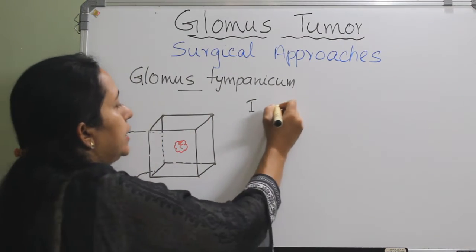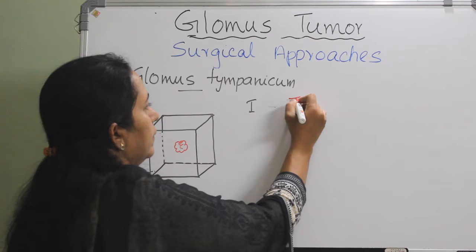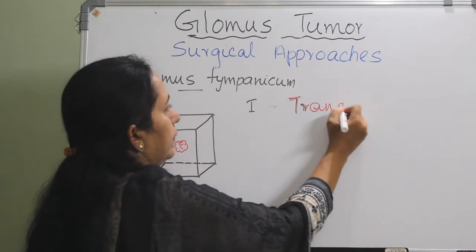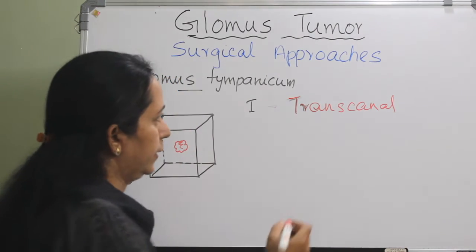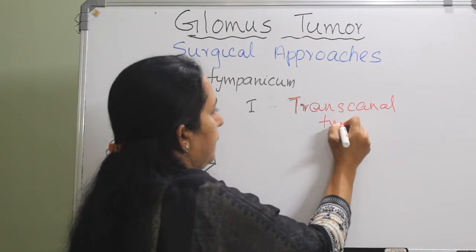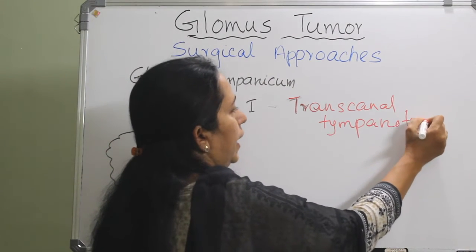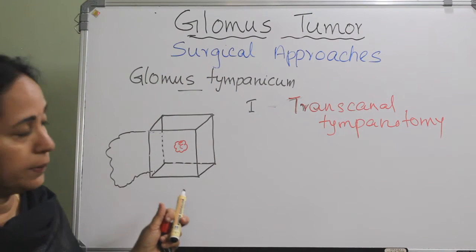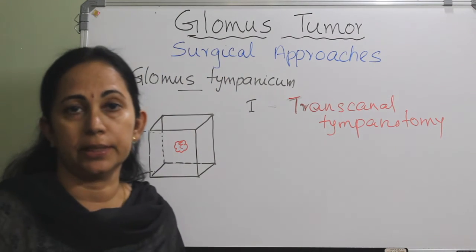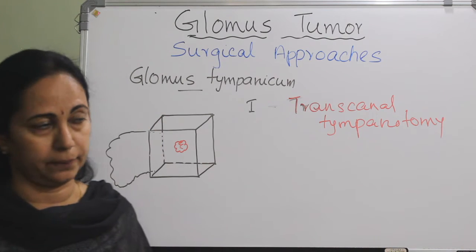So type 1 is a transcanal anterior tympanotomy and removal of the mass using bipolar cautery, attaining hemostasis. You can also give a light ear packing.